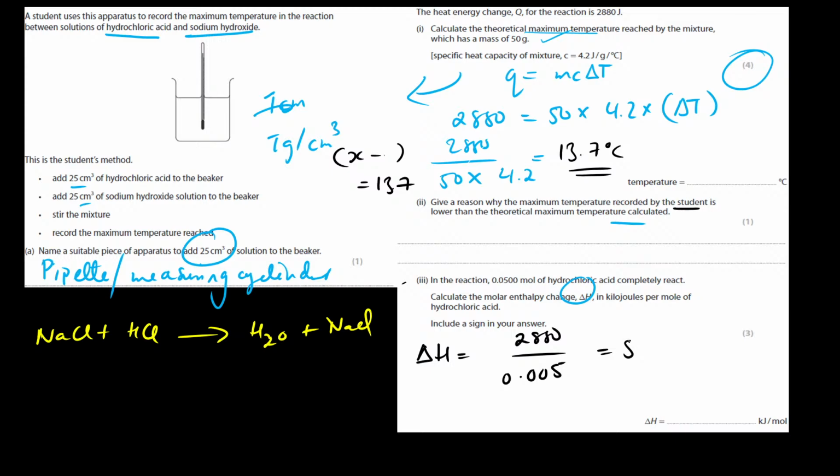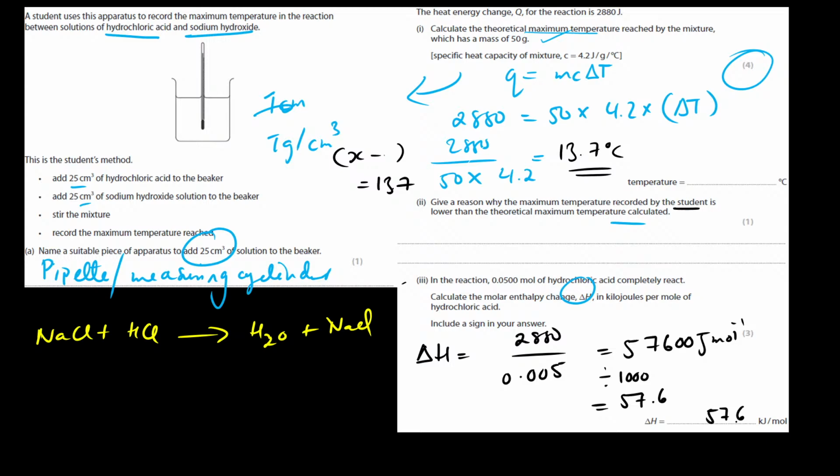Basically, you'd get 57600 joules per mole. It's just another way of writing it, and then you divide it by 1,000, giving you 57.6.